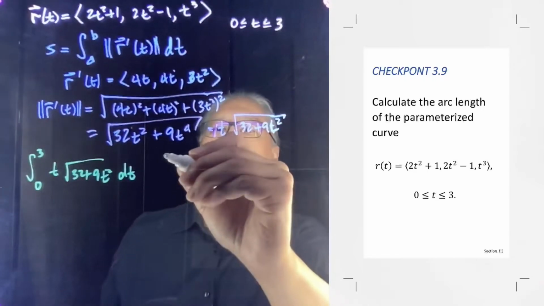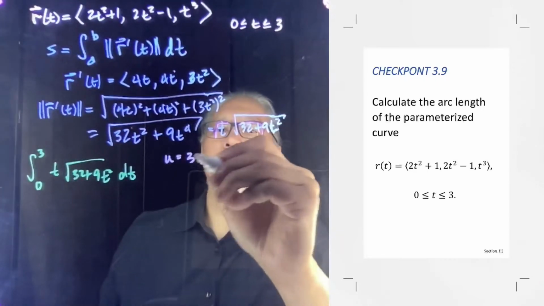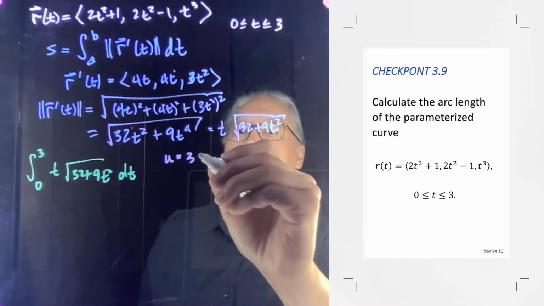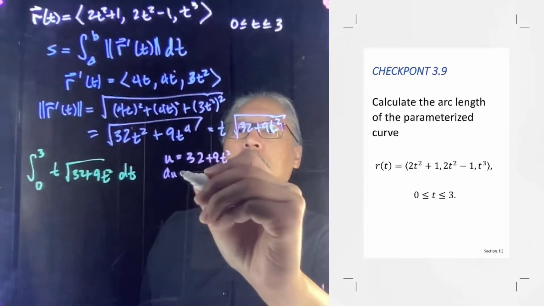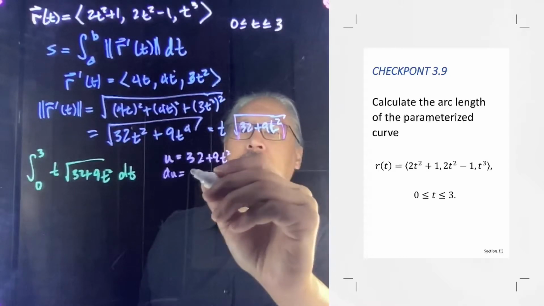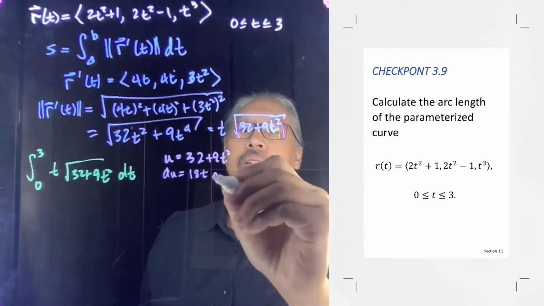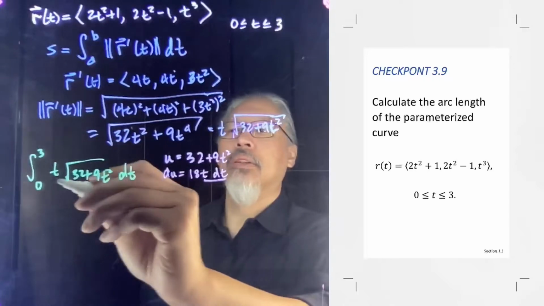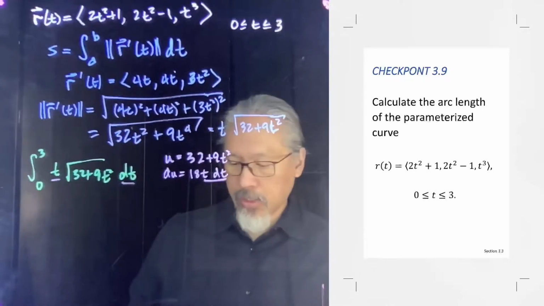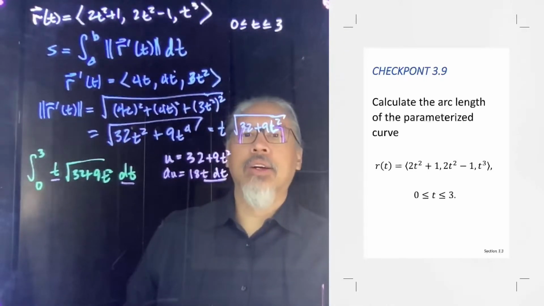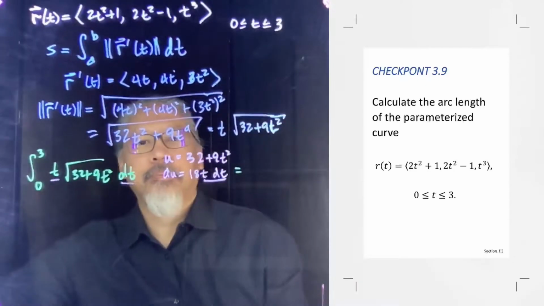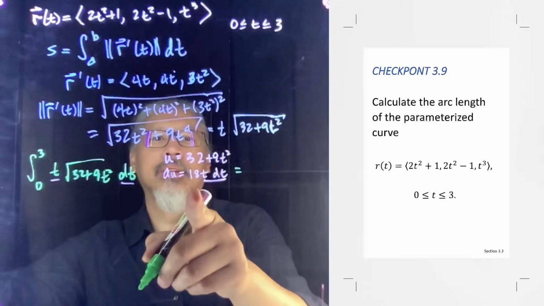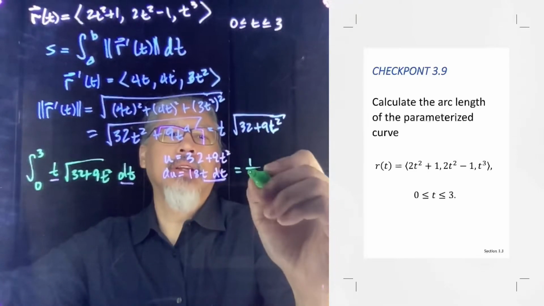If we let u equal the thing under the square root, 32 plus 9t squared, du is going to be 18t dt. So the t dt are there. We have 18 in the denominator.